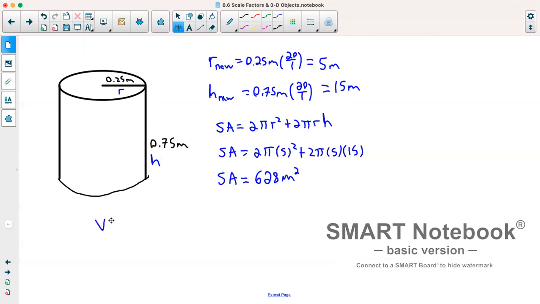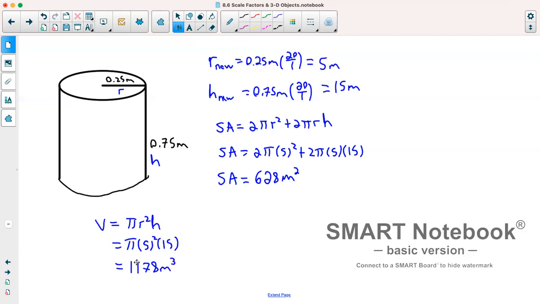Now our volume is pi r squared h. So that's going to be pi times 5 squared times 15, which gives us 1,178 meters cubed.